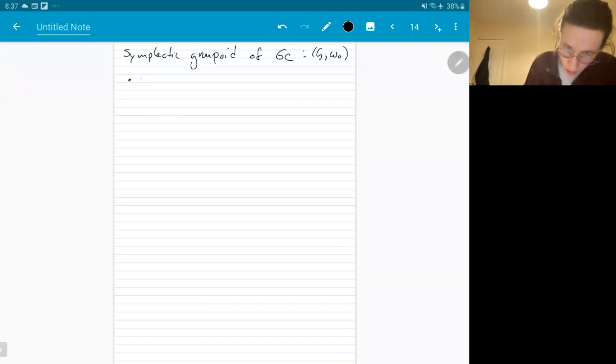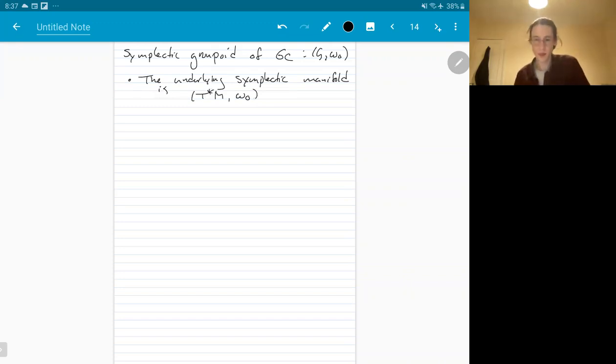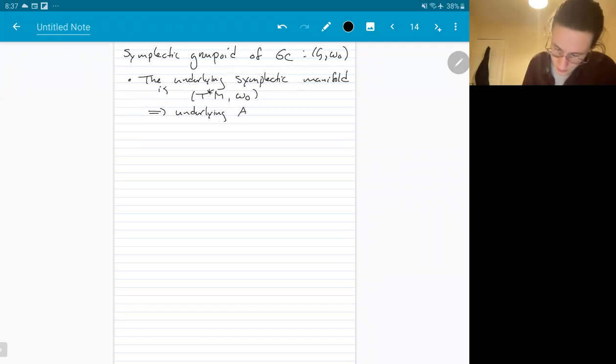And the underlying symplectic manifold is just the regular real cotangent bundle. What this means is that, in fact, the underlying A model is unchanged.